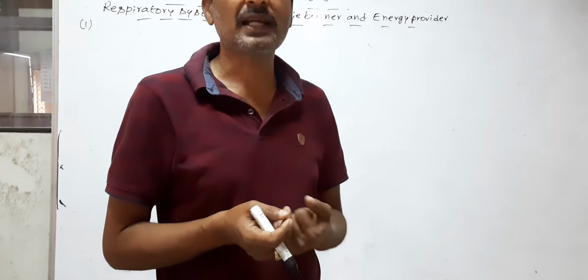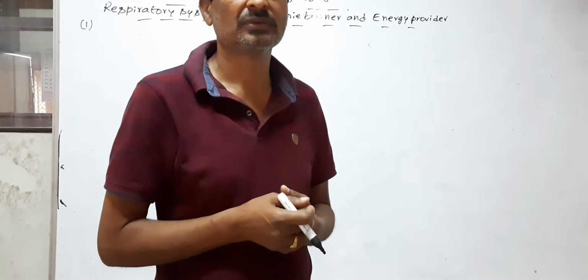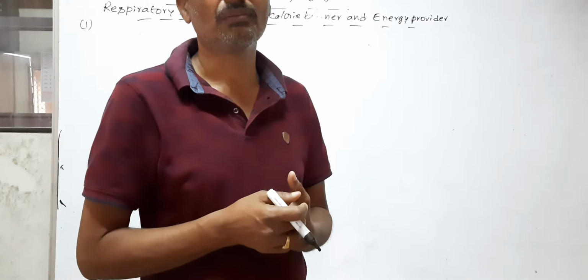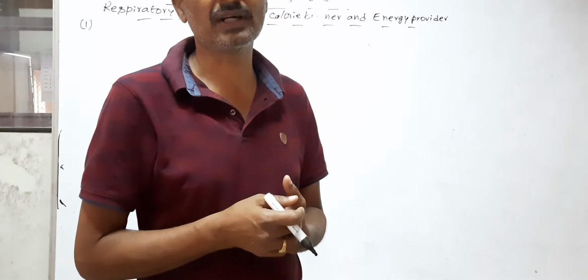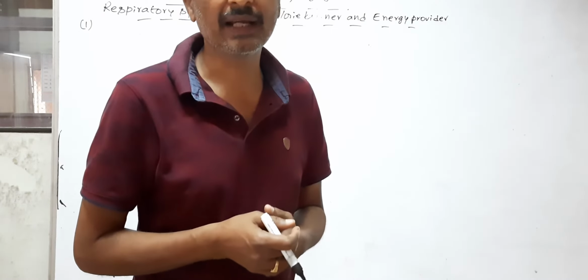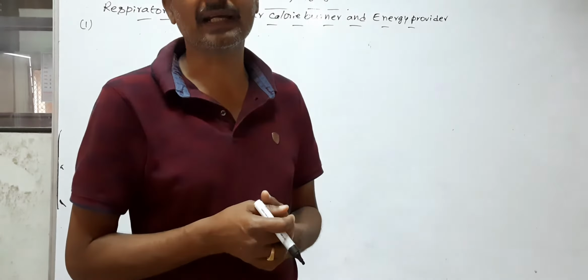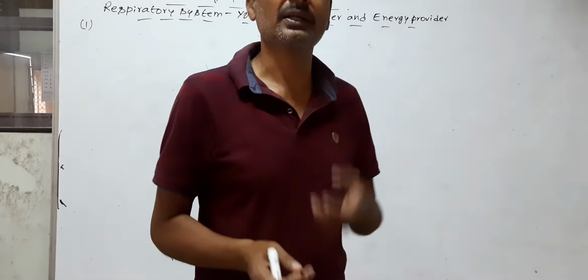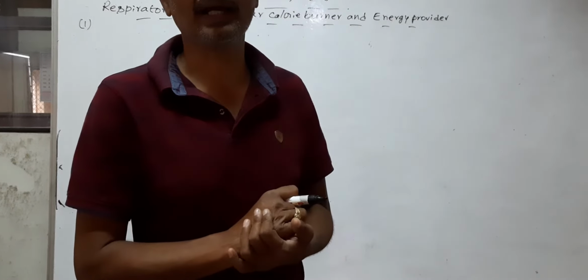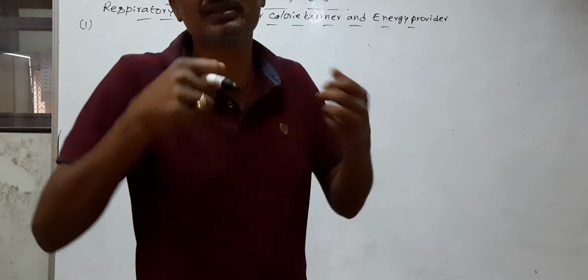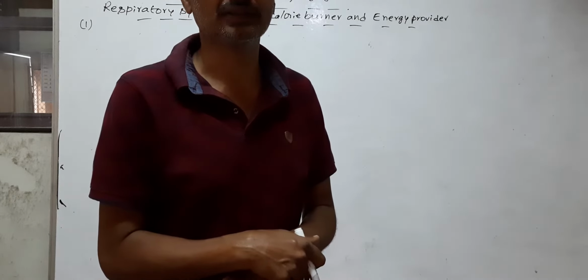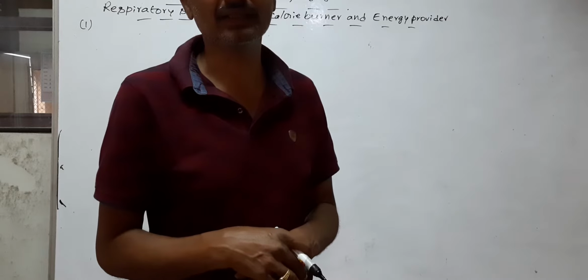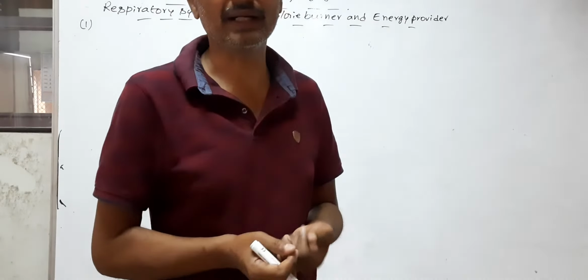So the constant supply of energy is needed to body cells for their various metabolic activities. Different types of metabolic activities occur in our body. Different activities are maintained in the cells or in our body organs.